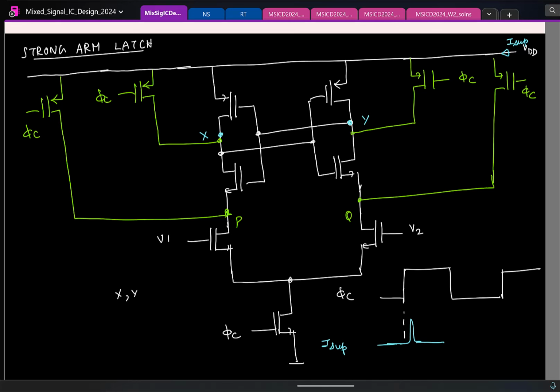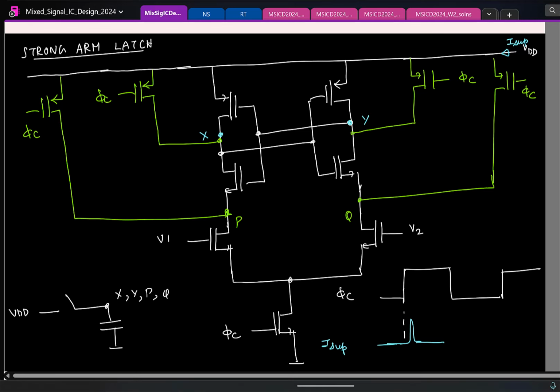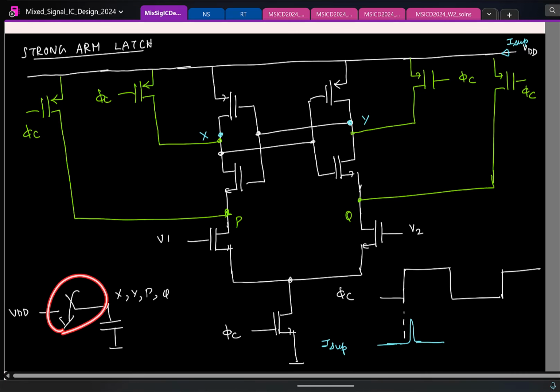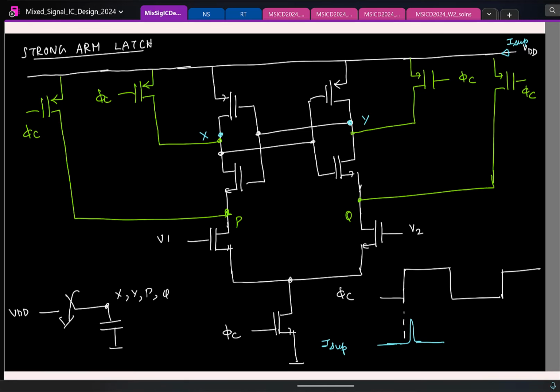This can be any node X, Y, P or Q. I have a switch, and at each of these nodes there is a parasitic capacitor. I am trying to precharge this to VDD. When I close the switch, what will happen to the current? If it's an ideal switch, what will be the current? It's an impulse current. No, CVDD is not current.